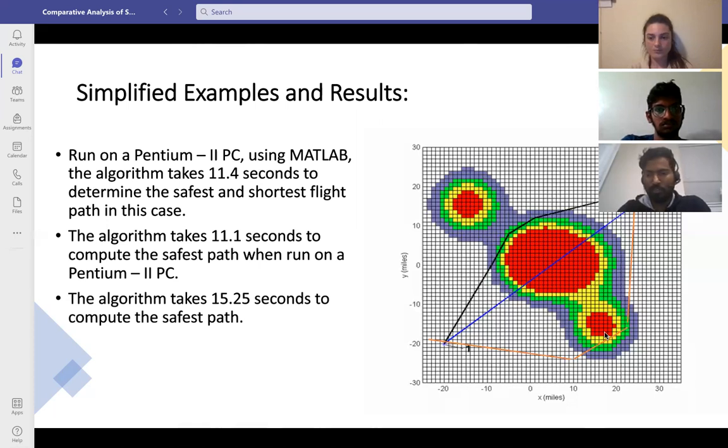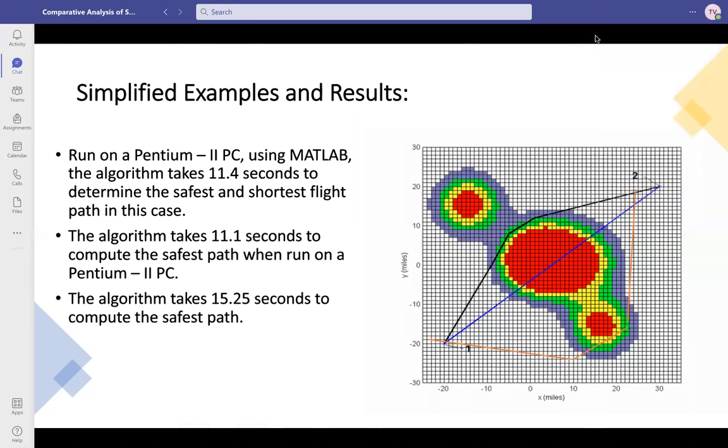With the actual path, if you go with that path, it will take less time because that's the shortest path at the initial stage before the thunderstorm. That would give us 11.1 seconds with the same Pentium 2 PC. The third trajectory avoids everything, like thunderstorms, and they don't care about how much time it takes, so it's going to be the longest path and also the safest path.